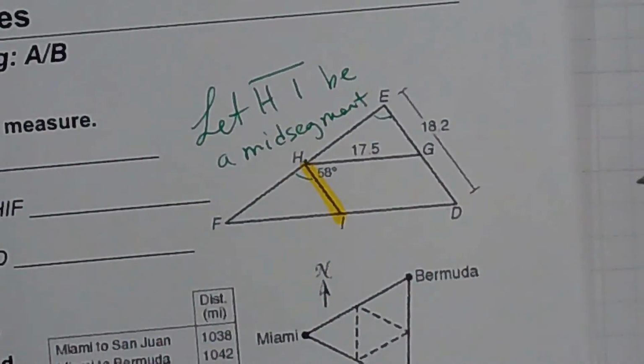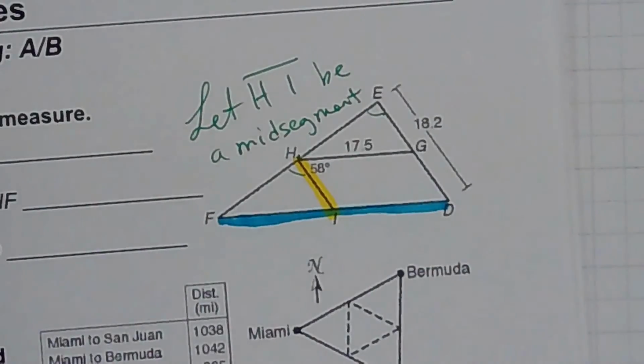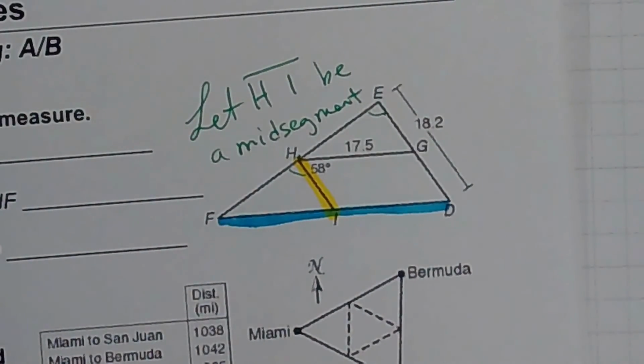Number 2 says find DF. Well, I found it. Here it is. What's the length of DF is what they want to know. How can I find that length? 17.5 is parallel to ID.